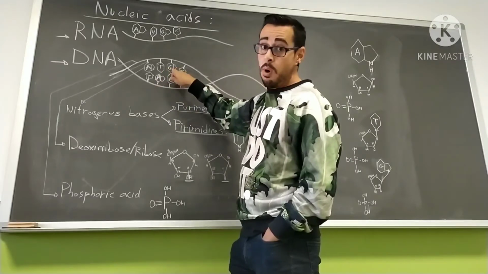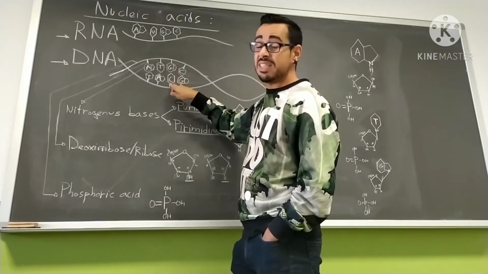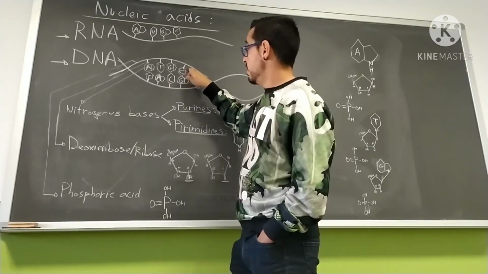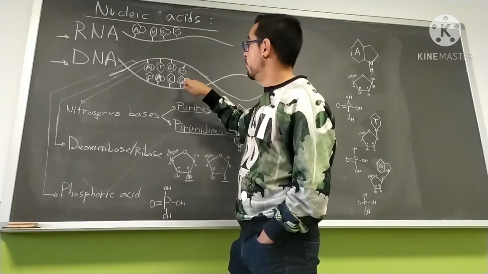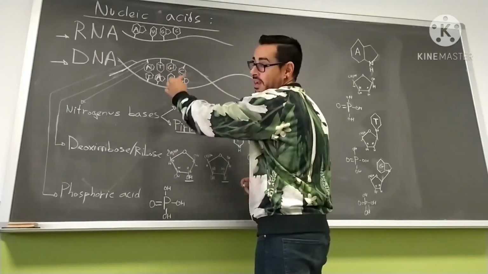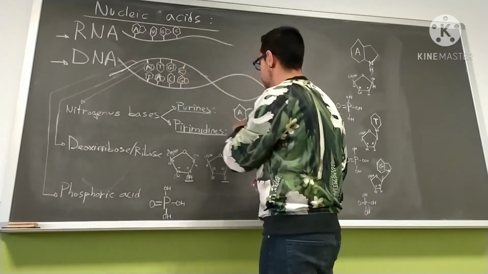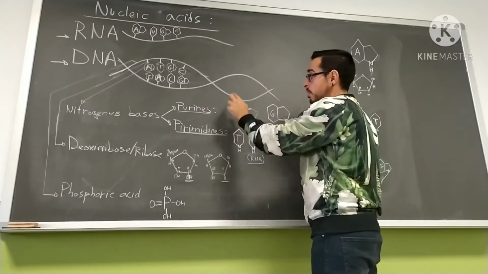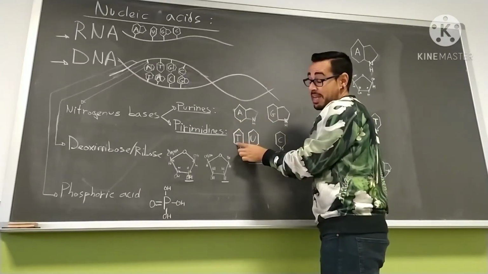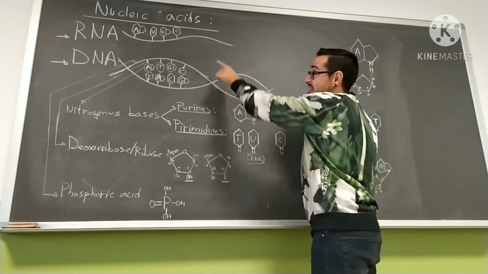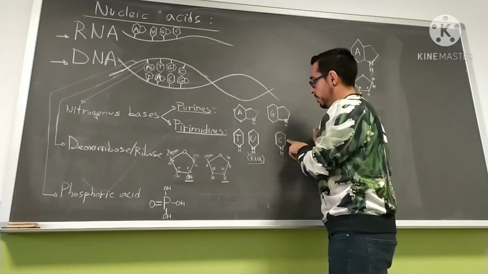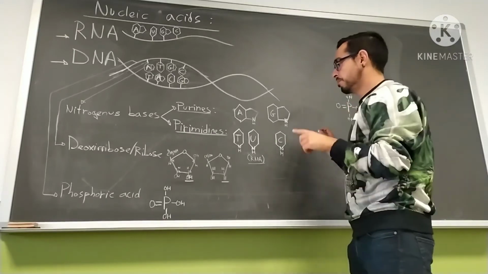Where we have guanine, in the other chain it's going to be cytosine, and where there is cytosine, in the other chain we are going to have guanine. We say that they are complementary chains. Adenine is always complementary to thymine in DNA or uracil in RNA, and guanine is complementary to cytosine.